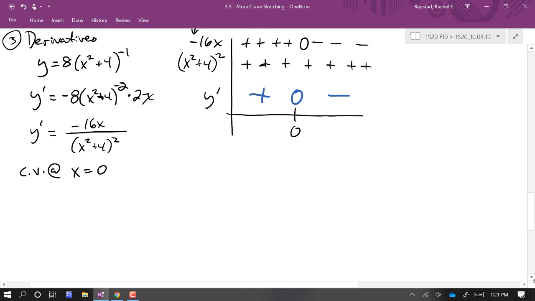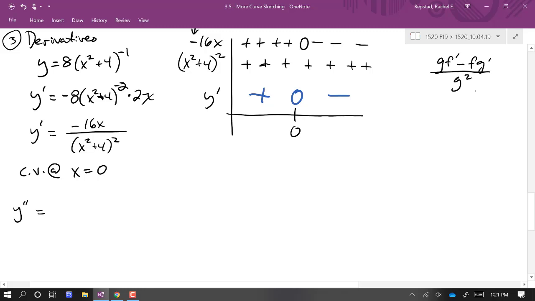Now, to find the second derivative, we are stuck with using the quotient rule, or the product rule if you want to write that as a negative second power. I'm just going to go ahead and use the quotient rule. The quotient rule is the one that goes g f prime minus f g prime over g squared.